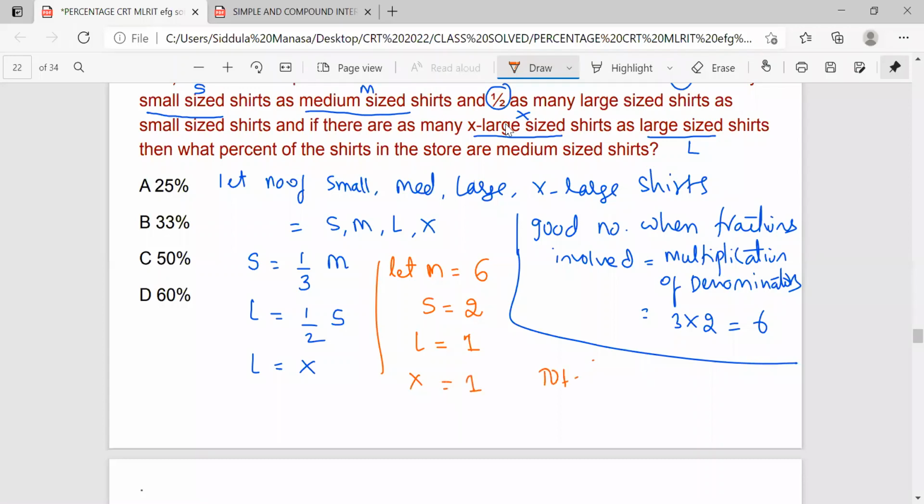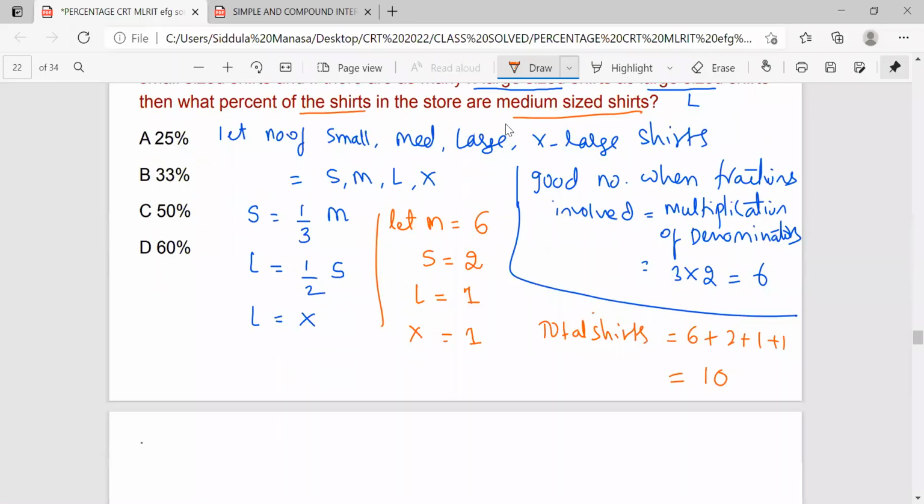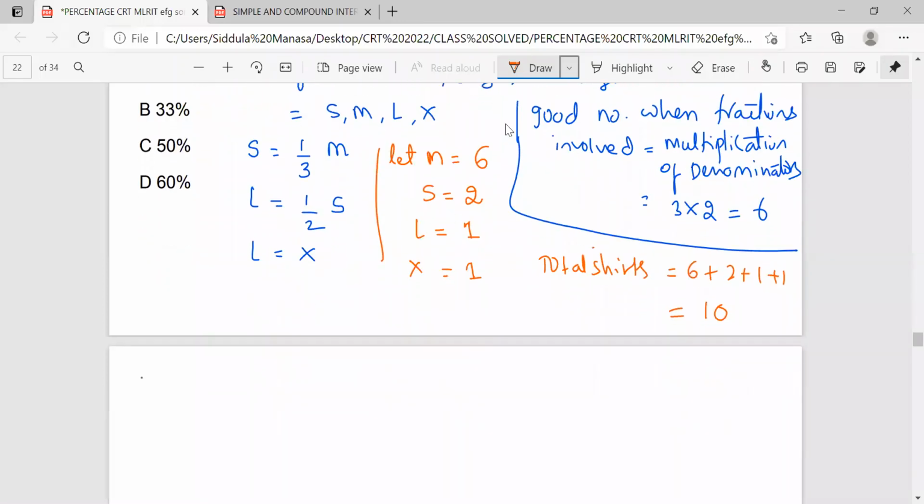So then the total sheds is equal to 6 plus 2 plus 1 plus 1, which is equal to 10. Now what is being asked? What percentage of the sheds in the store are medium sized sheds? So percentage of medium sized sheds is equal to medium sized by total sheds into 100.